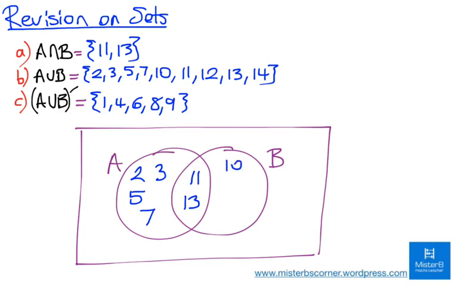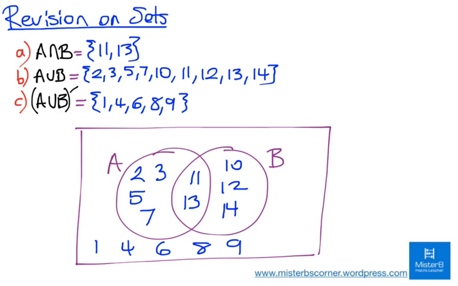But 10, 11 is there, 12, 13, and 14. So I would have the members distributed like this, and the negation of A union B means all the elements not in A union B, so it's going to be 1, 4, 6, 8, and 9.